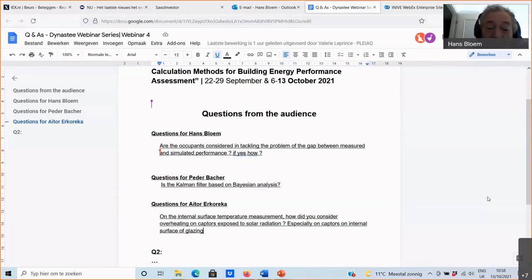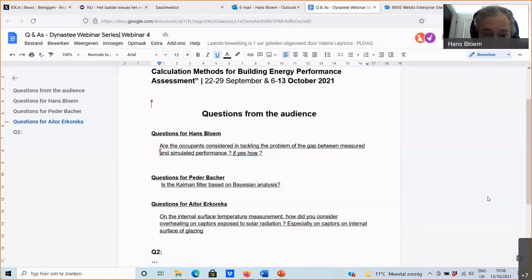There is information about how to deal with the occupants' behavior during the night, during the day, when they wake up, when they go to sleep in the evening, when they come back from work, etc. So you can have a kind of standardized modeling calculation of it. The gap between measured and simulated performance may also come from the occupant, but it is not always clear if the occupant is the reason for this gap.